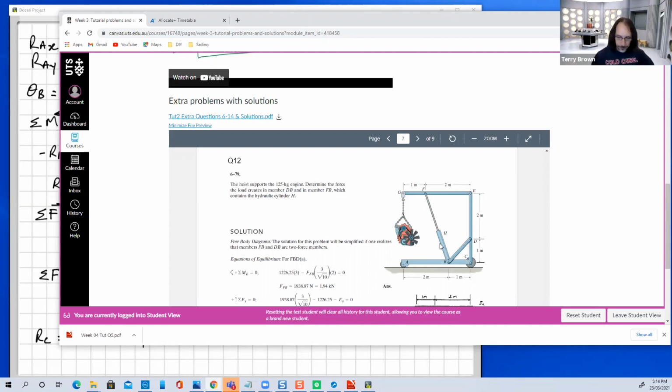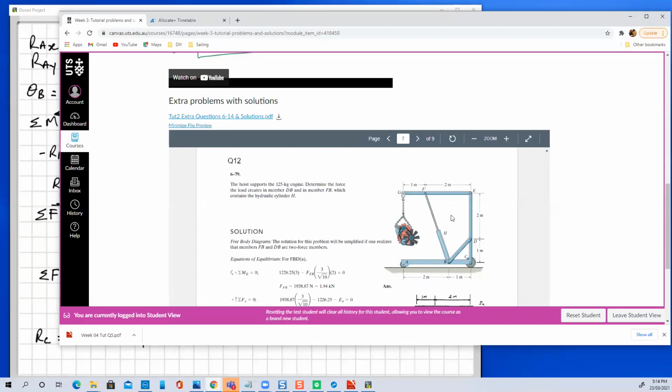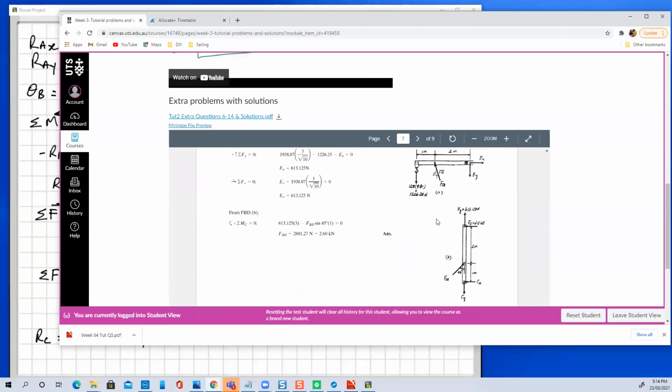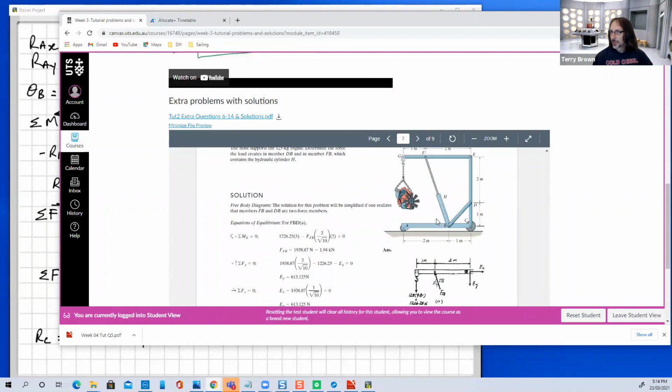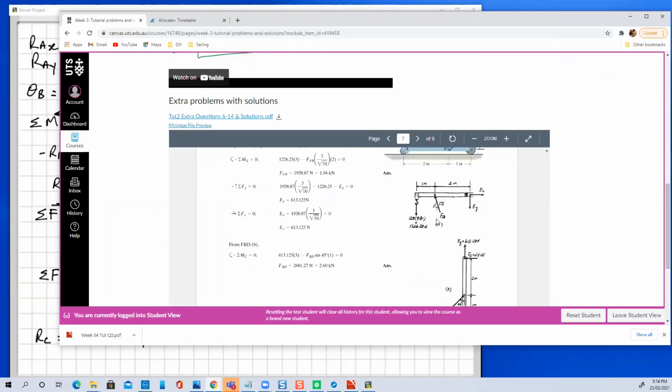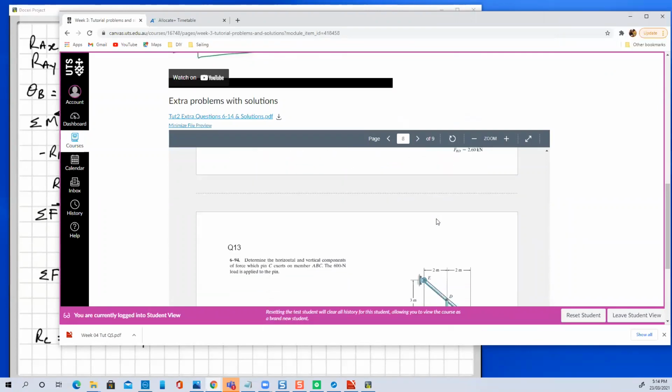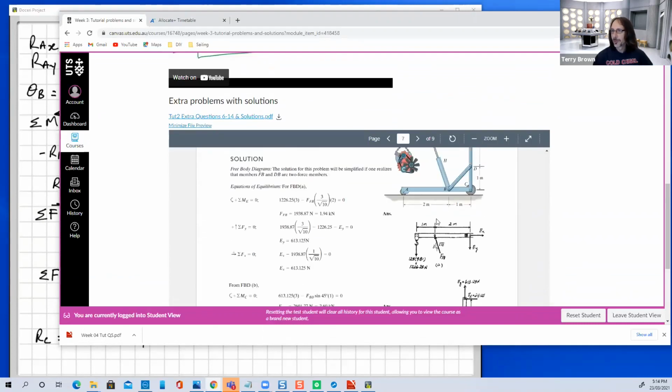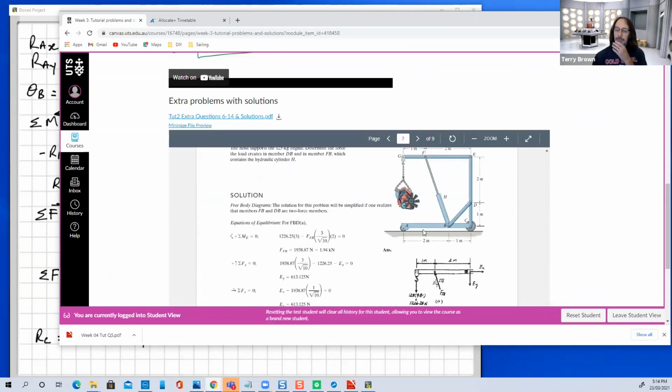So it doesn't really matter then because it's not really the X and Y components. So let's see what they've got in their solution here. No, they don't have a free body diagram of this bottom bit. Right, so if you did draw the free body diagram of these 2 members, you'd have equal and opposite.